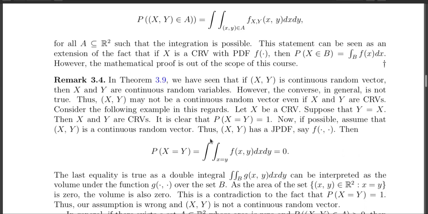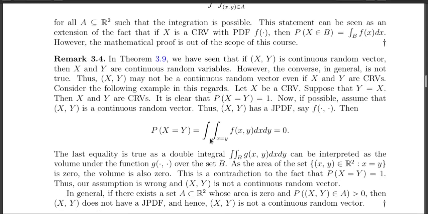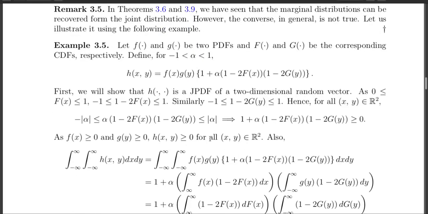So this remark shows that if (x, y) is a continuous random vector, then each component is a continuous random variable, but each component being a continuous random variable does not imply that (x, y) is a continuous random vector. Okay, clear? Now let us go to the next remark, which is again a very useful remark in the sense that it gives you a lot of insight.